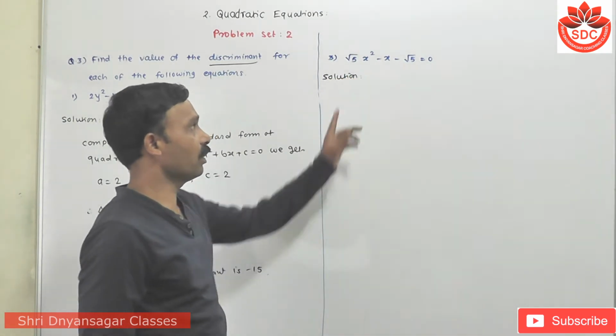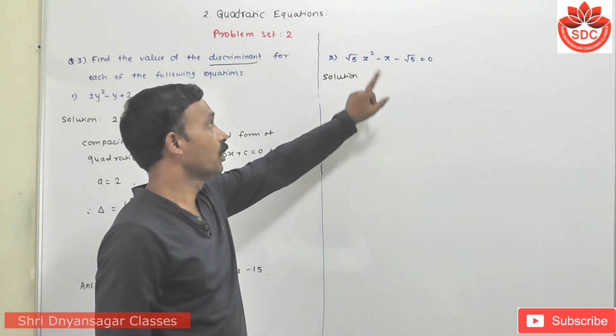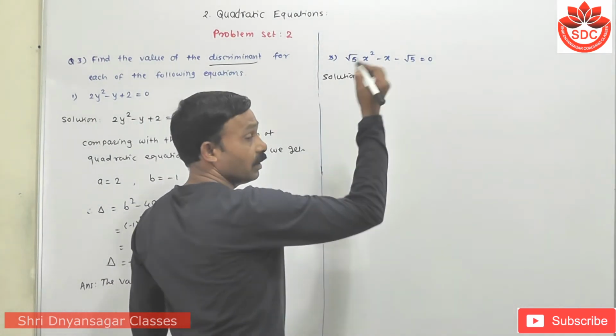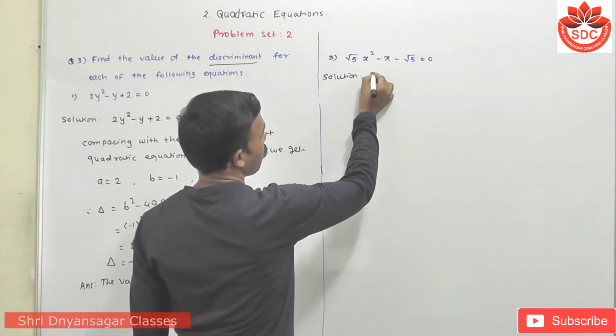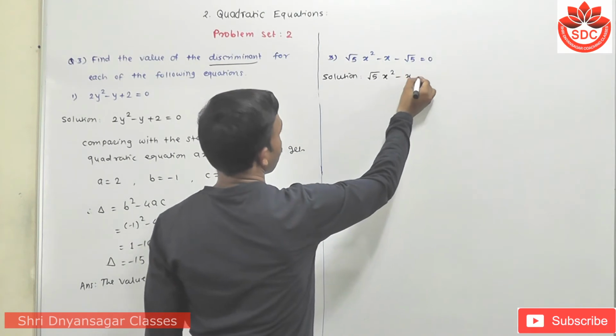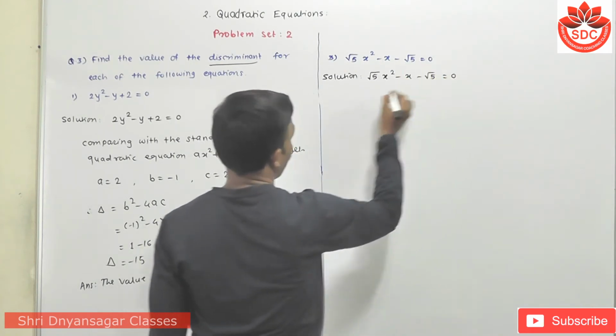This is also a quadratic equation because here the index is 2. So, comparing with the standard form, first I will write root 5 x square minus x minus root 5 is equal to 0.